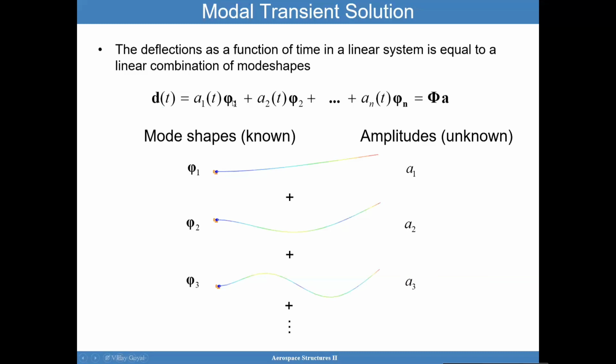And let's put these mode shapes, which contain these shapes, into this matrix phi. And let's put these nodal values of these deflections as a function of time, these amplitudes, I should say, these amplitudes that tell me how much of each of these mode shapes I have, into a vector bold A. So phi is fully known, bold A is not known.